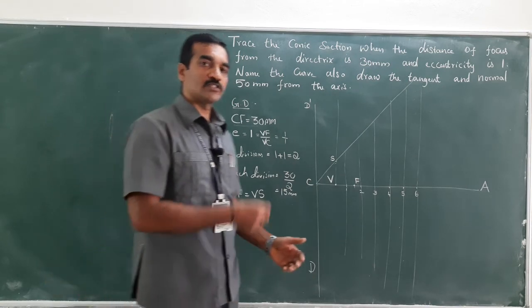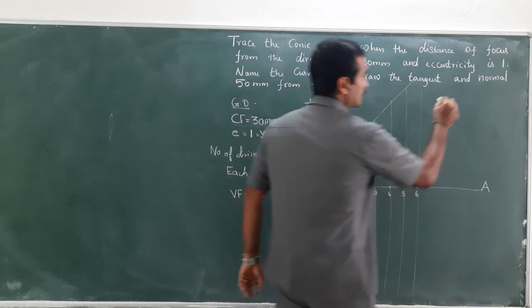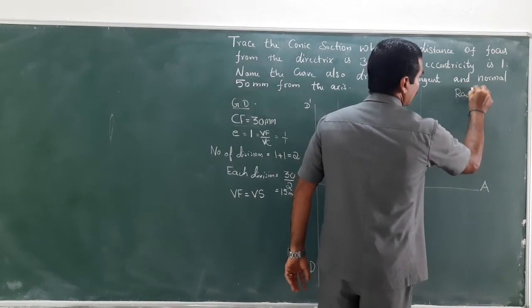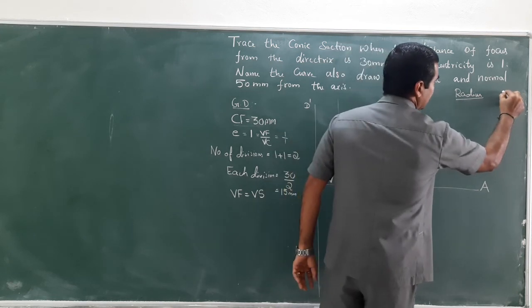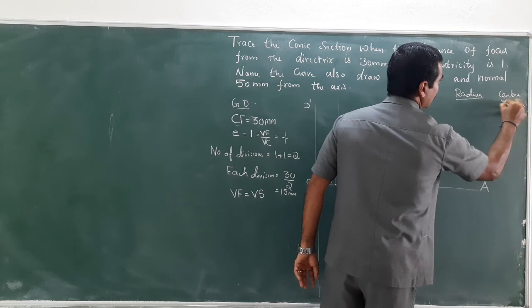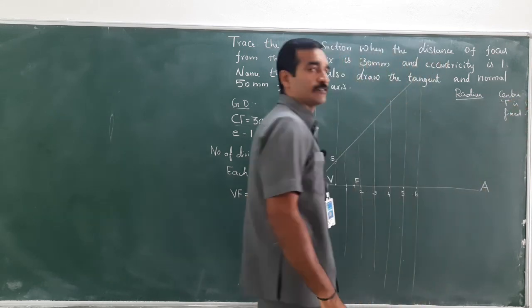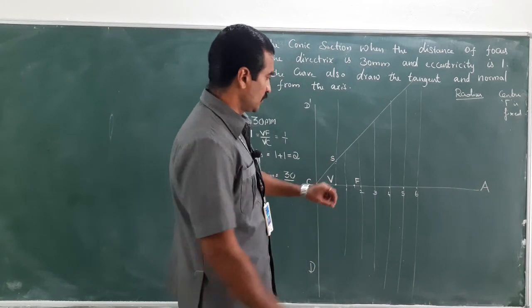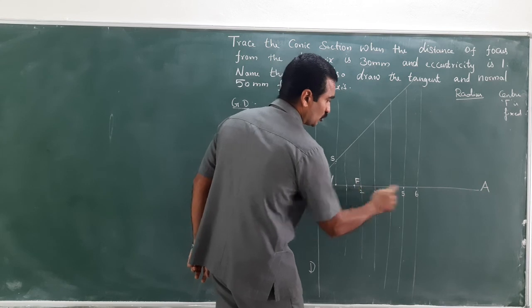See, as far as the conic curve is concerned, the radius varies and the center F is fixed. What about the radius? Here I am going to give names. Here I have already given 1, 2, 3, 4.